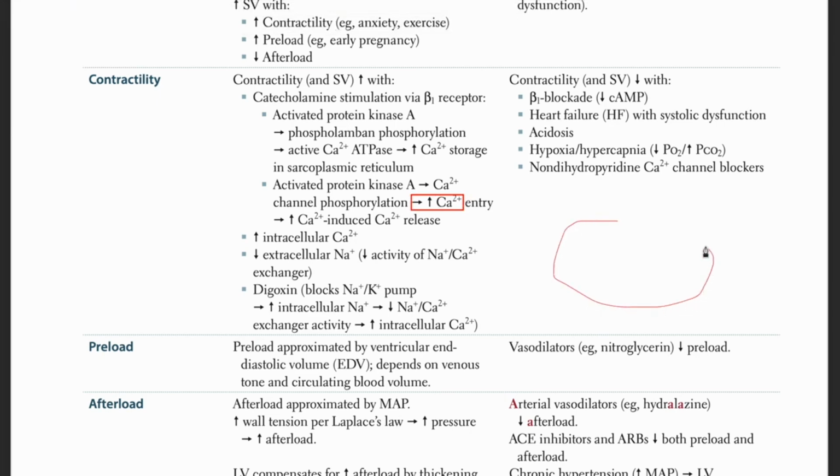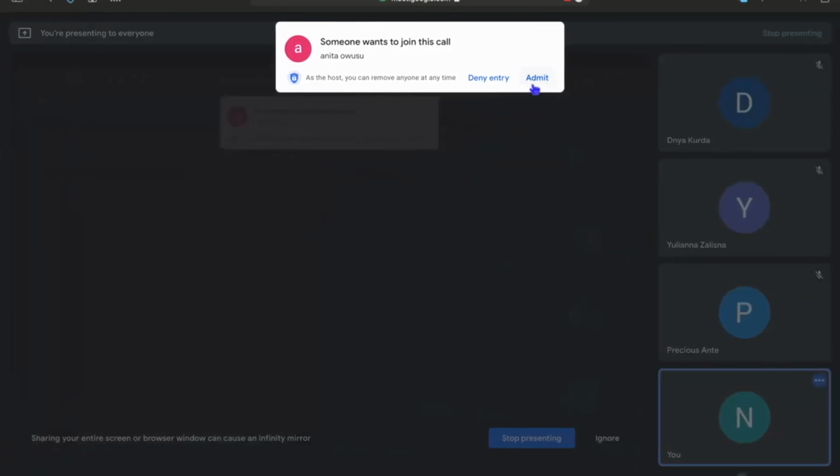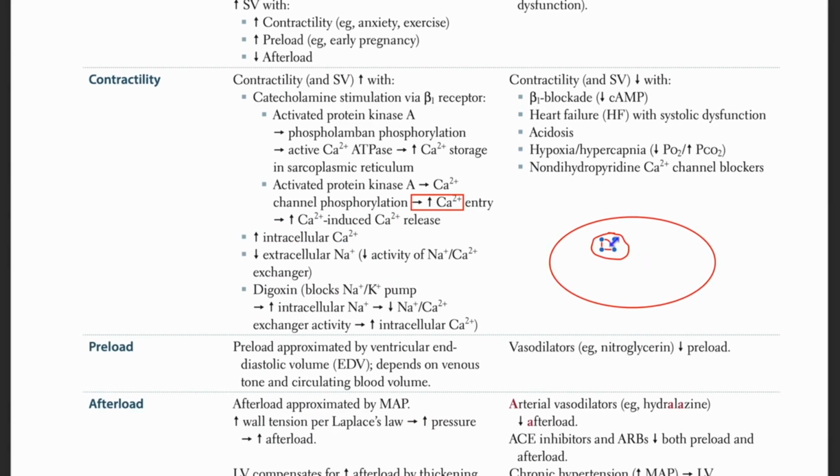So see, this is the cell, and then you have one that contains calcium, right? So this contains calcium, and these vesicles have calcium receptors here, and then you have Na coming in through the sodium potassium channel.